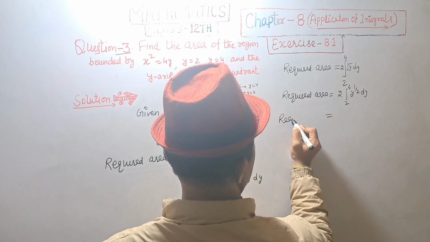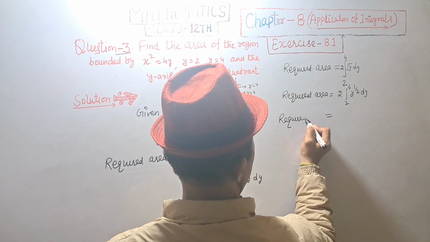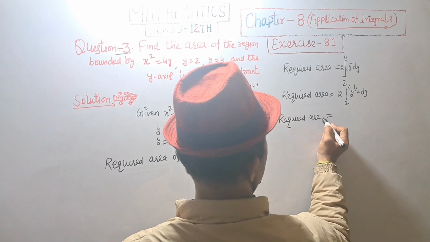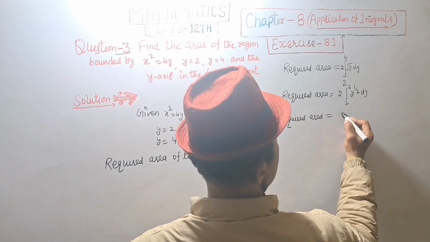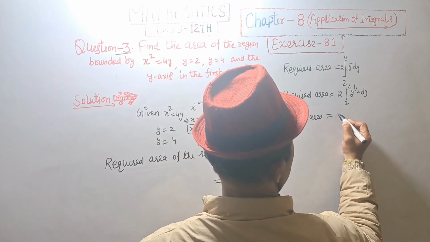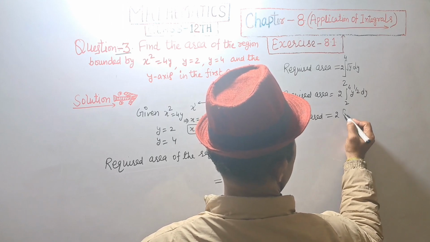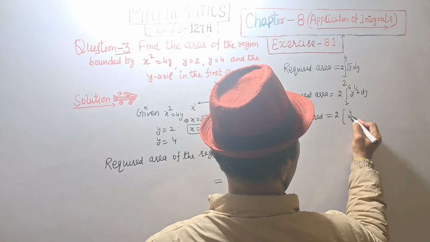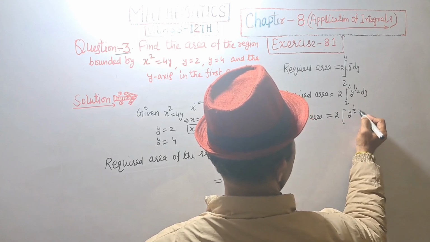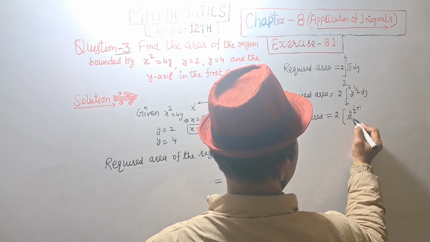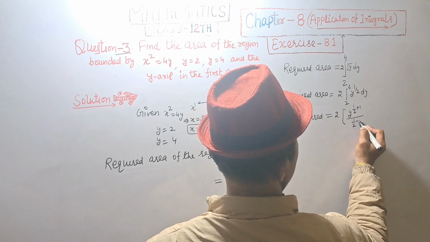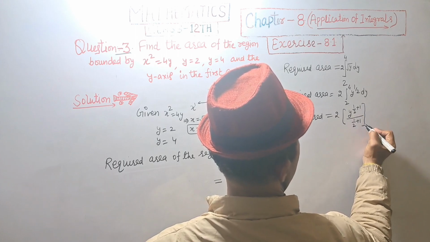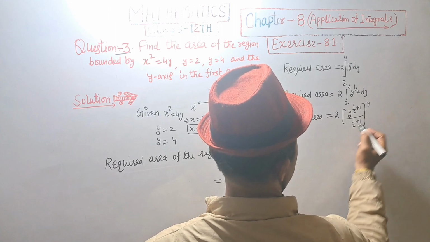So required area is equal to 2 into integration of y raised to power 1 by 2, which is y raised to power 1 by 2 plus 1 divided by 1 by 2 plus 1, and limit 2 to 4.